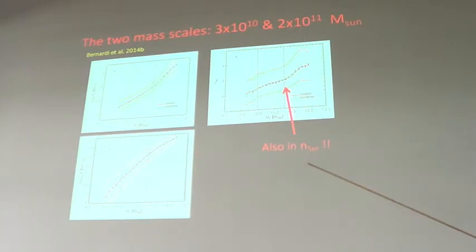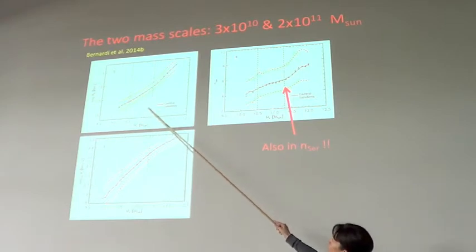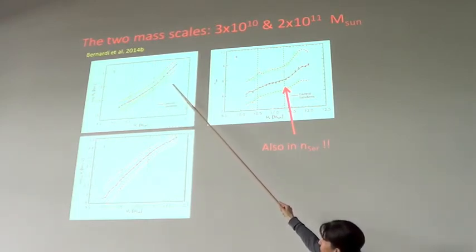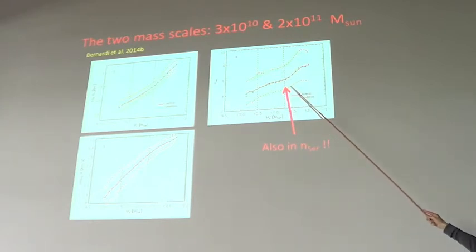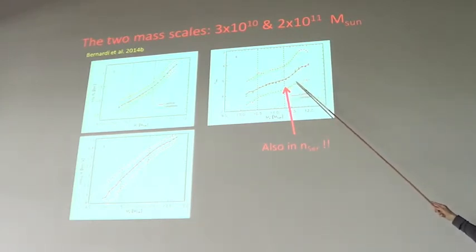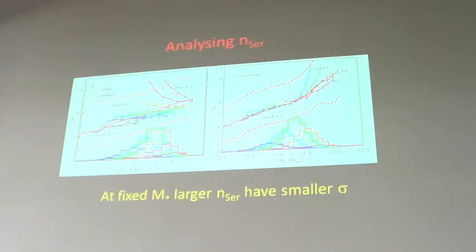As I said, we have already seen that the mass scale is important for the size, for velocity dispersion, and other parameters. We see the same also for the Sersic index. There is a change in the Sersic index: more massive galaxies tend to have larger Sersic index. Now I hope that you try to follow here.